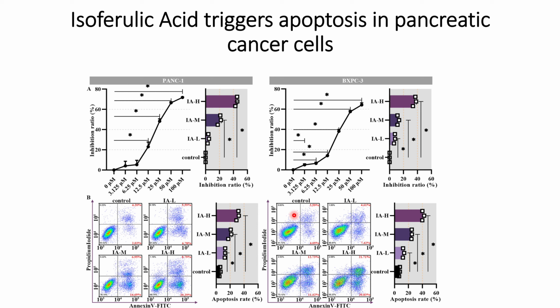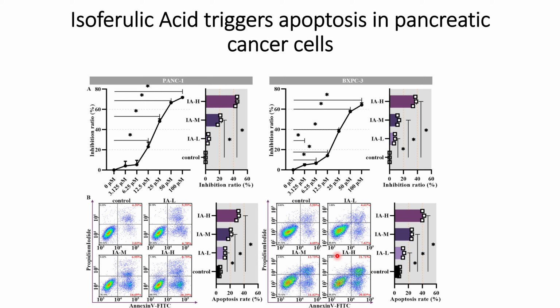And when they did the same studies with the BXPC3 cells, they were able to see a similar result. Compared to the control, when they induce low isoferulic acid, they see a low increase in the dead cells, from 4.05 to 7.42.